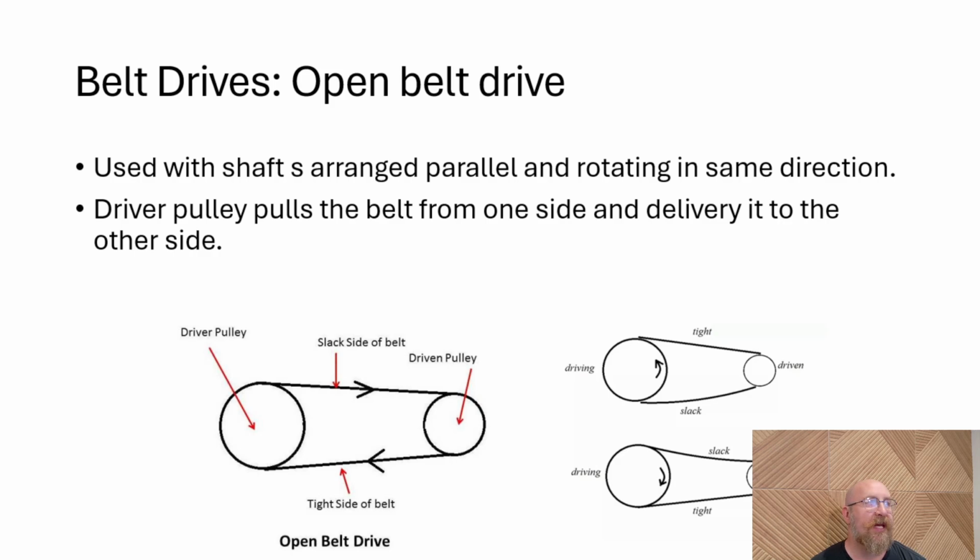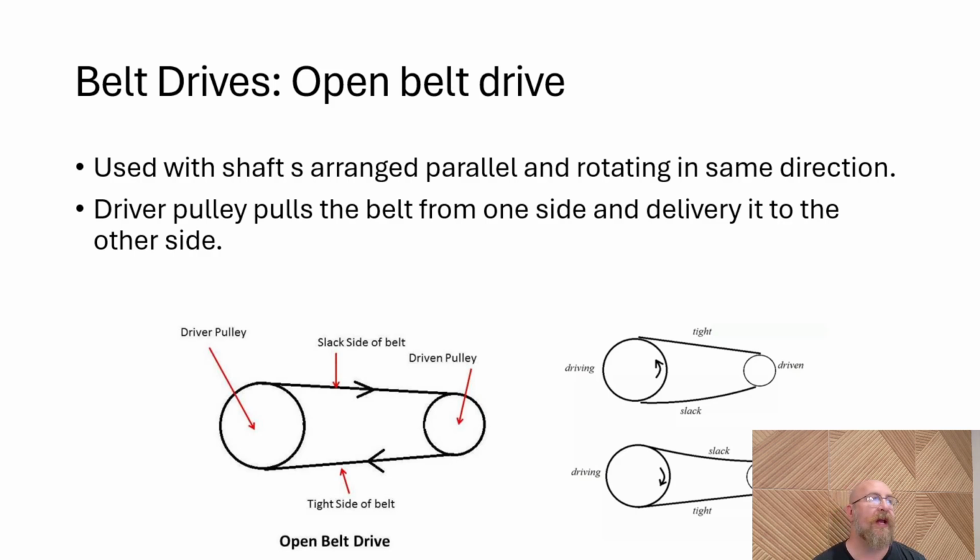And then you'll see what would happen if we reverse direction on that. Then it's pulling from the bottom and it's kind of throwing the belt back around on the slack side. The danger of this is that you really don't want to have the slack side be above the tight side.